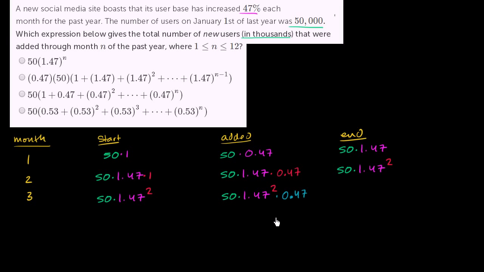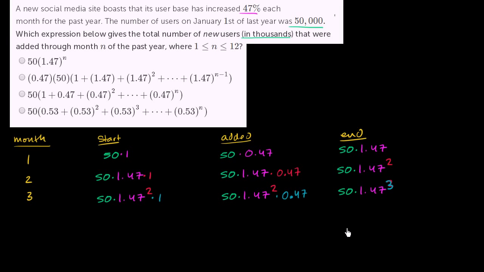And so what are we going to end up with? We're going to have this times 1 plus this times 0.47. That is going to be equal to that times 1.47, or we could just write this as 50 times 1.47 to the third power.